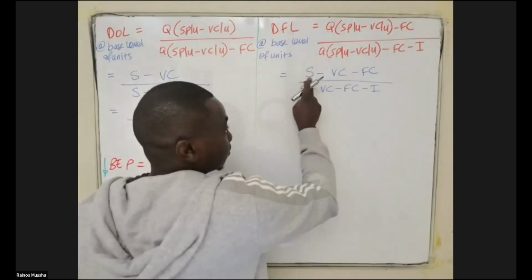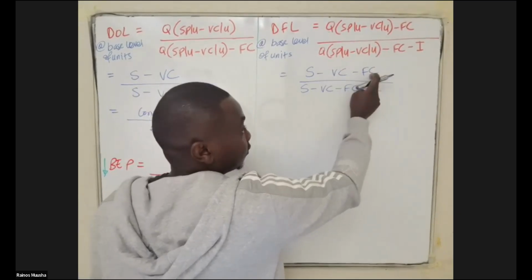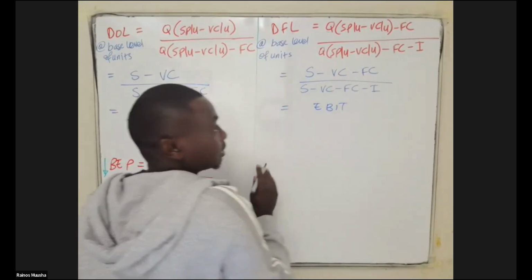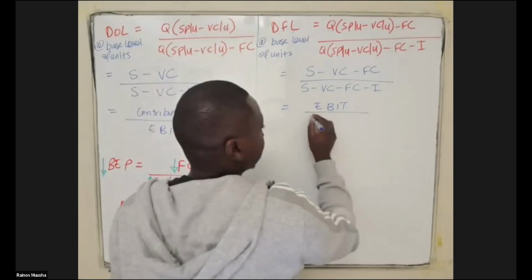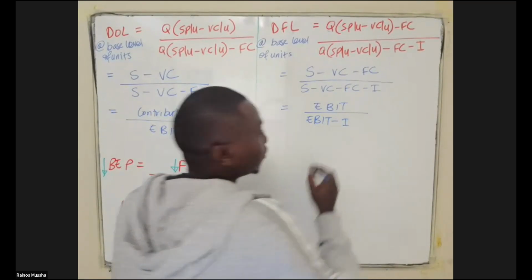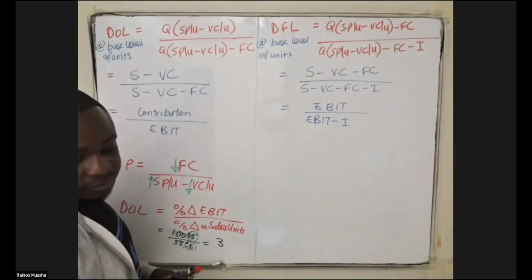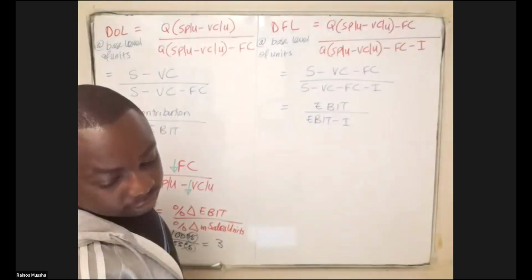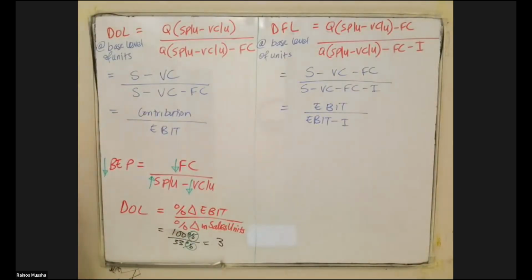Your sales minus variable costs minus fixed costs gives us the earnings before interest and tax. So it's the same as saying your earnings before interest and tax divided by your earnings before interest and tax minus your interest expense. So this will give us the degree of financial leverage.